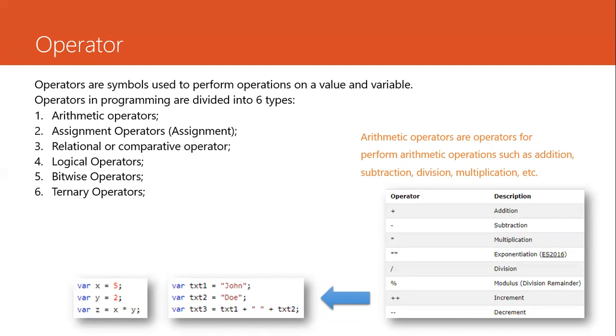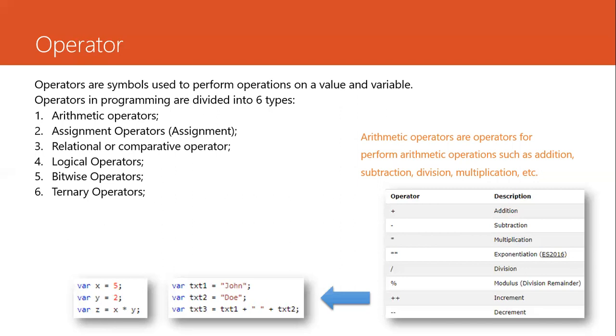And the third is relational or comparative. In relational or comparative operators, we can use the more than sign and less than sign to compare several numbers or several variables. So that is the relational operator. We also have logical operators.